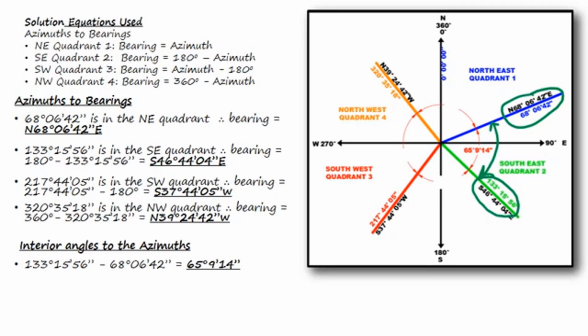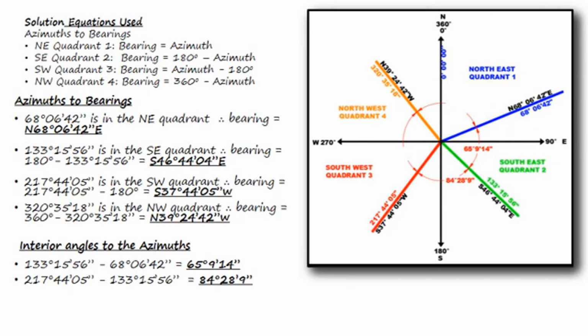Because what we're actually looking at is, from here to here is 68 degrees. And from here to here is going to be the 133 degrees. When I subtract these two, I'm left with this angle here. So that's the 65 degrees, 9 minutes, 14 seconds.